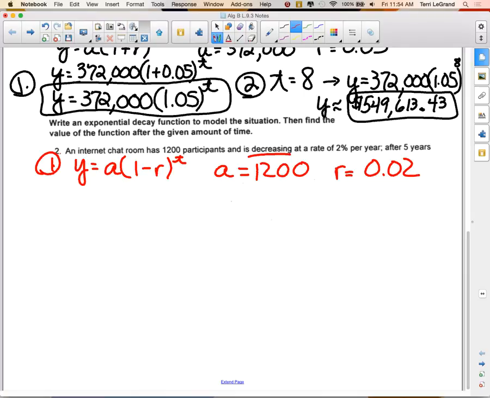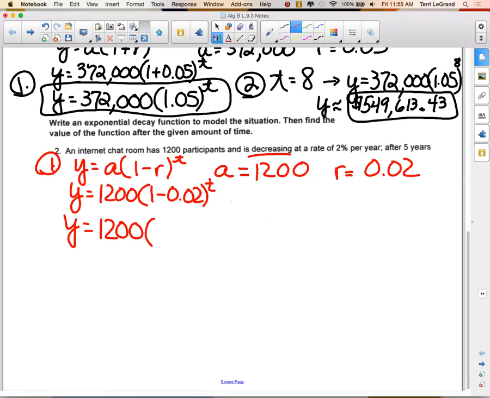Substitute into our model. 1200 times (1 minus 0.02) to the T power. Cleaned up, that is 1,200 times 0.98 to the T power. There's our first answer.